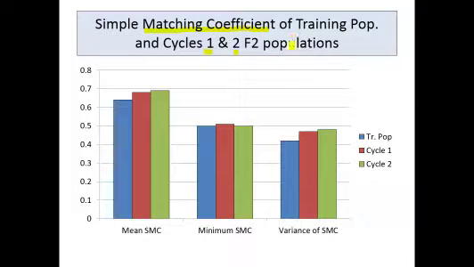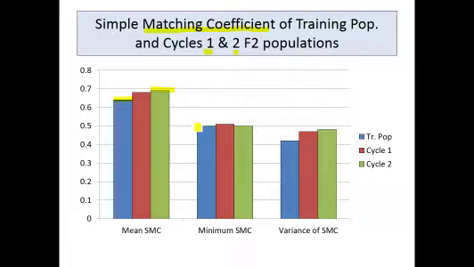So we started out with our mean simple matching coefficient in our training population at about 0.64, and after 2 cycles of genomic selection, it is now up to about 0.68. So it doesn't indicate our lines are becoming more related and we're losing diversity.